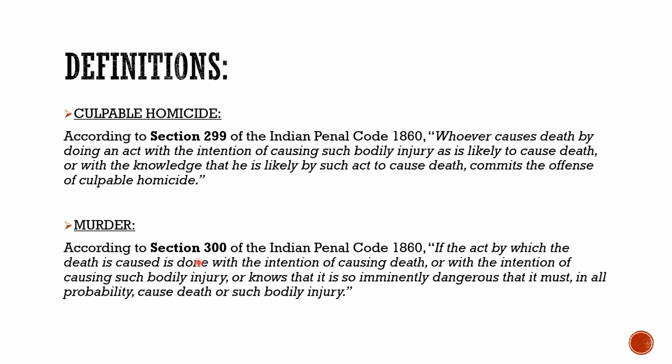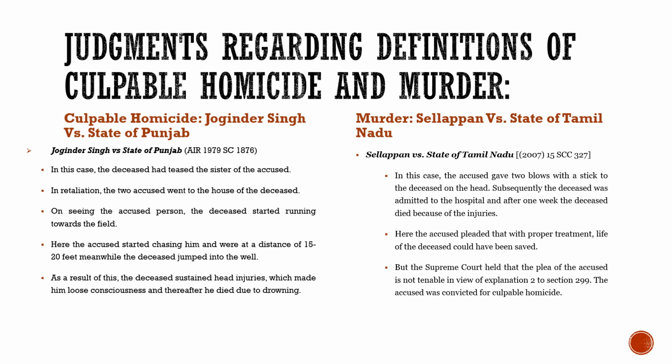So in this we came to know that all kinds of culpable homicides are not murder, but all kinds of murder are culpable homicide. This can be easily understood by judgments regarding culpable homicide not amounting to murder and murder which is culpable homicide.